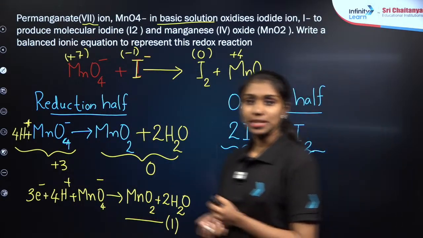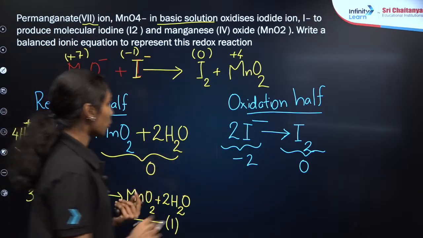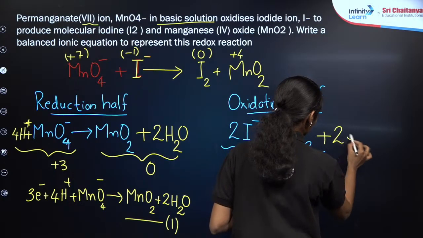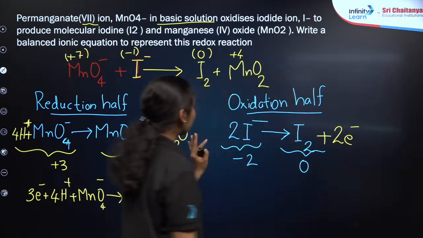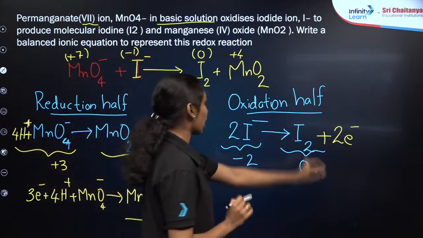Zero, right? Zero is not a positive number, but it is greater than minus 2. So I am adding 2 electrons to this side. Finally, we got the balanced oxidation half reaction.